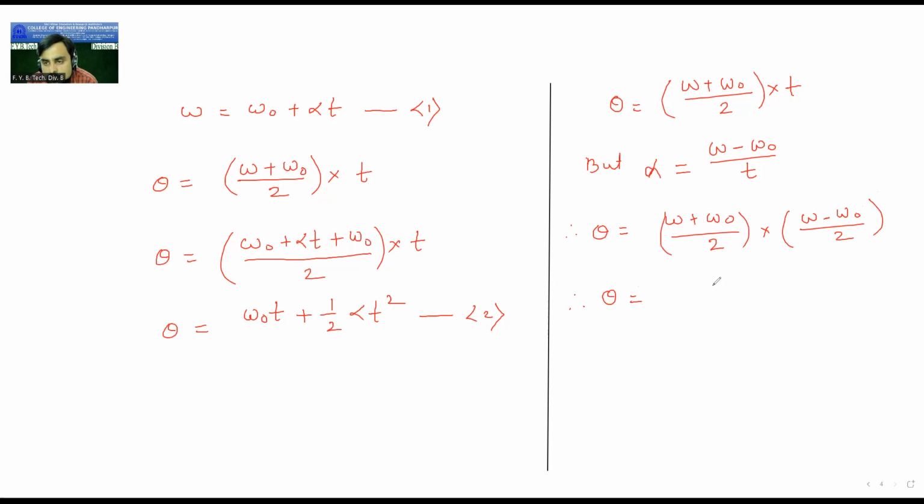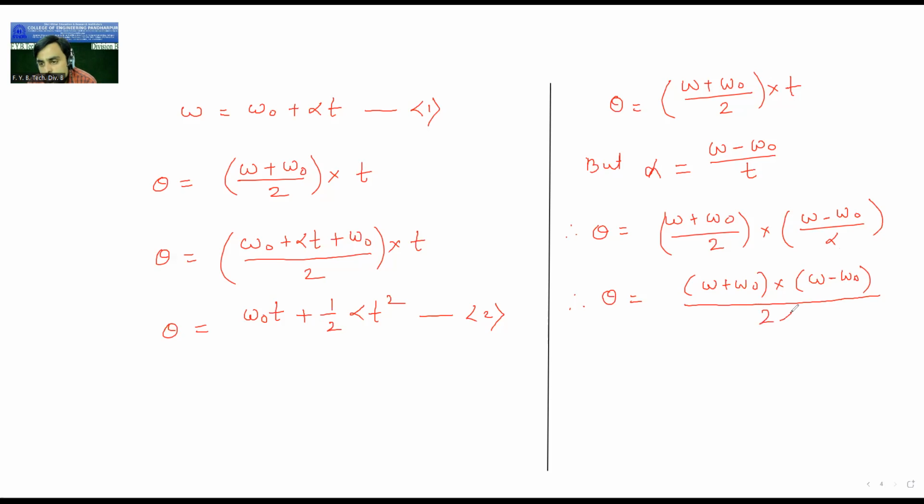Therefore, theta is equal to here omega plus omega 0 into omega minus omega 0, and at the denominator I will write here 2 alpha. This term is alpha, because when you shift this t to that side, this alpha will come here. So theta is equal to this term as it is, and instead of t we have put this value omega minus omega 0 divided by alpha. We have put it over here.